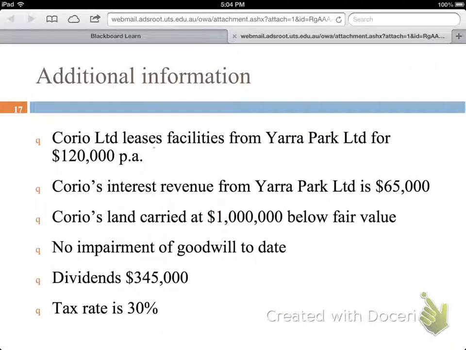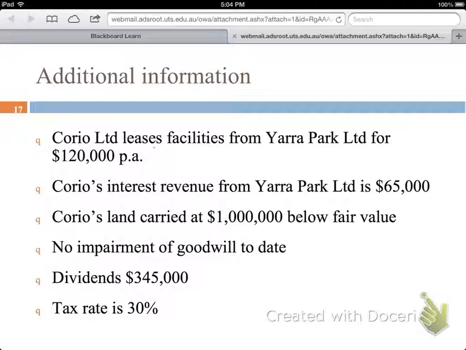So you're given additional information here. You're told that Corio leases facilities from Yara for $120,000 per annum. Corio's interest revenue from Yara is $65,000, Corio's land is carried at $1 million below fair value, and there is no impairment of goodwill to date.